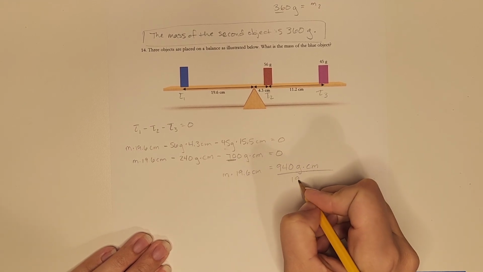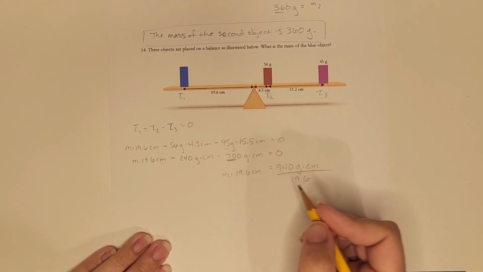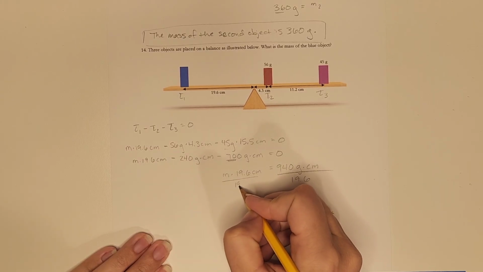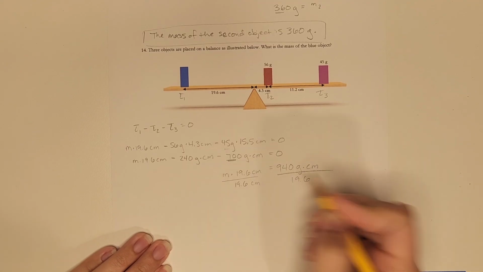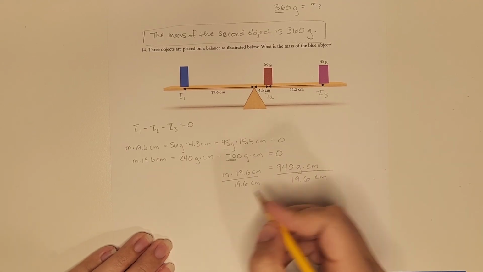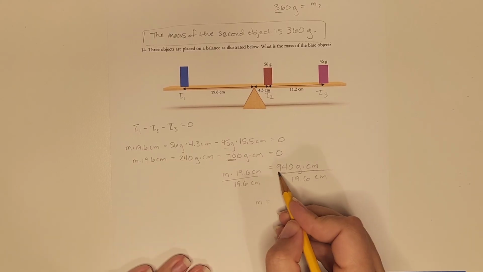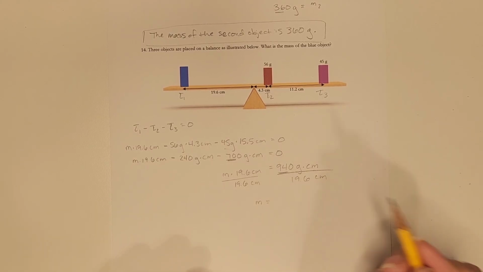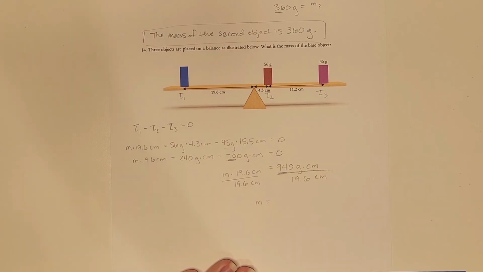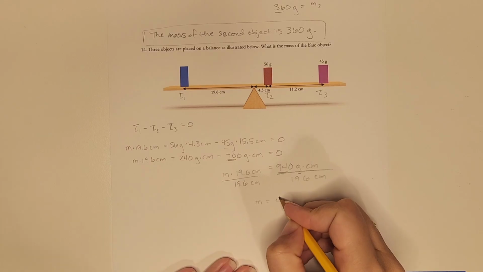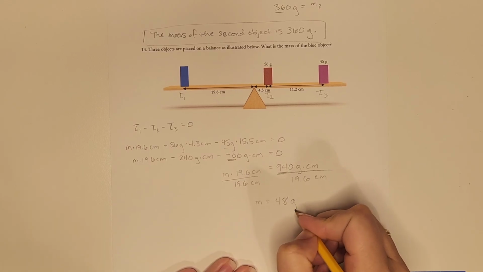Divide both sides by 19.6. Okay, and so our mass ends up being, we have to stay with two significant figures because that's what this one was here. And so our mass is equal to 48 grams.